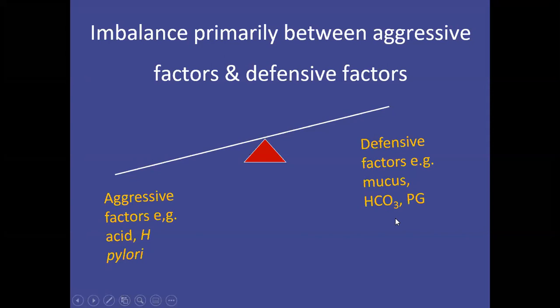We'll discuss one by one. So this is the basic philosophy. Either blunt the aggressive factor or enhance the defensive factor, or both, in the management of peptic ulcer. Is that clear up to now?